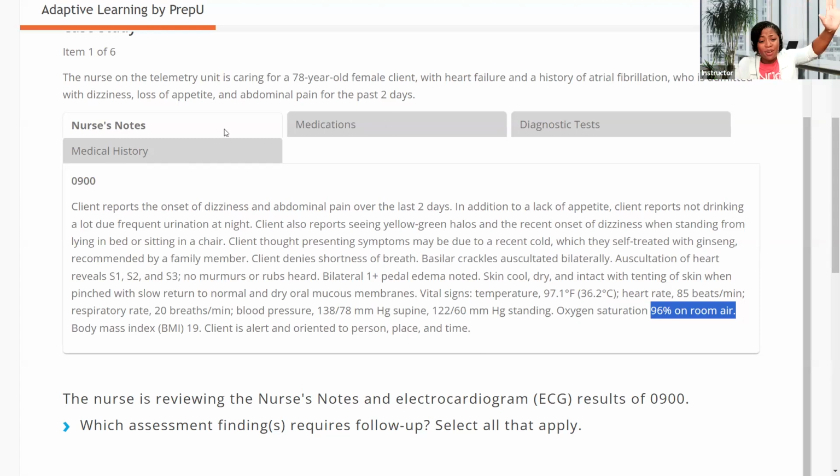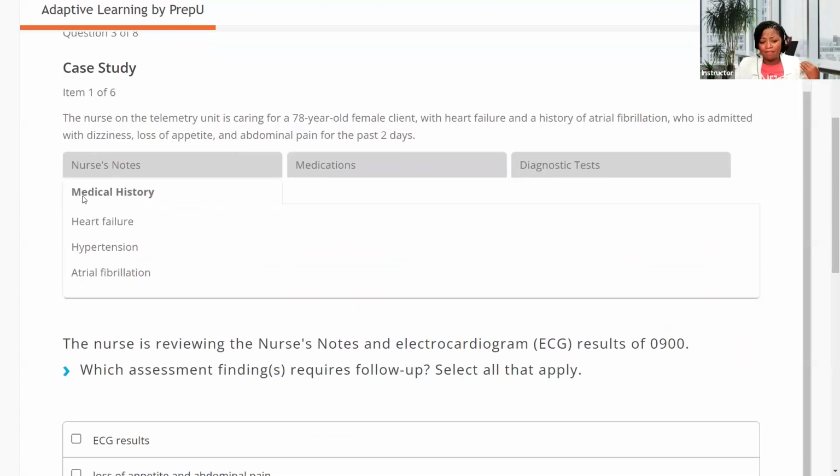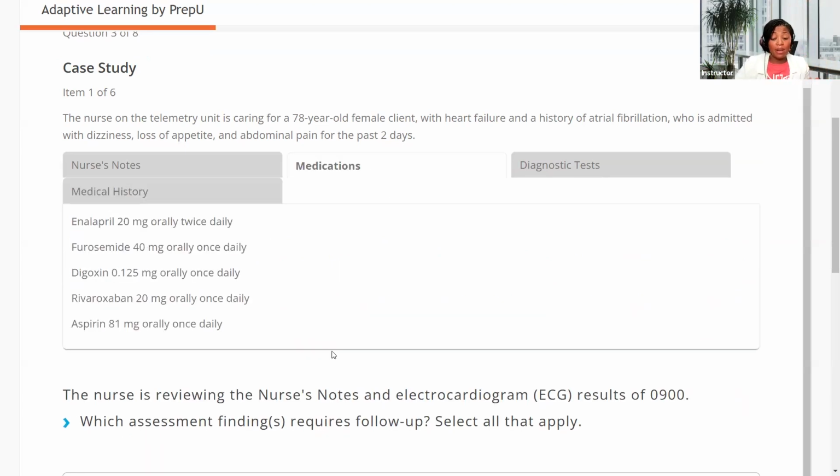So we've looked at the notes. Let's look at the history tab. History of heart failure, history of hypertension, history of atrial fibrillation. We'll look at the medications tab. Okay. Oh, these are some clues right here. She's taking enalapril. So our prils, what is that family? Your ACE inhibitors.